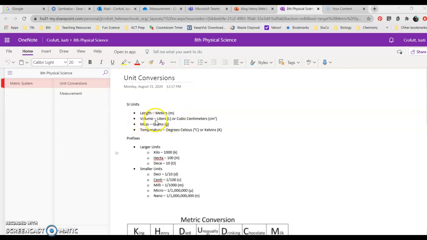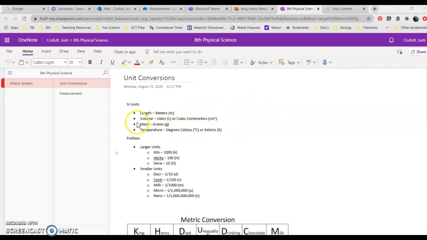To measure volume, you're going to use liters, capital L, or cubic centimeters, cm cubed. If you're ever in the nursing or medical profession, you might hear cc's. It's about the same thing. If you watch Grey's Anatomy, you'll hear, I need 3 cc's of medicine stat. You probably have no clue what I'm talking about.